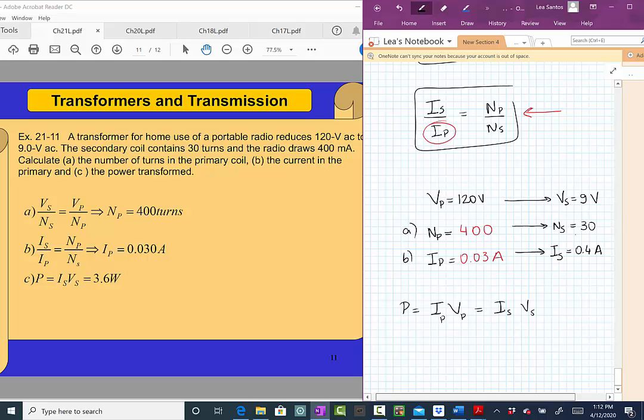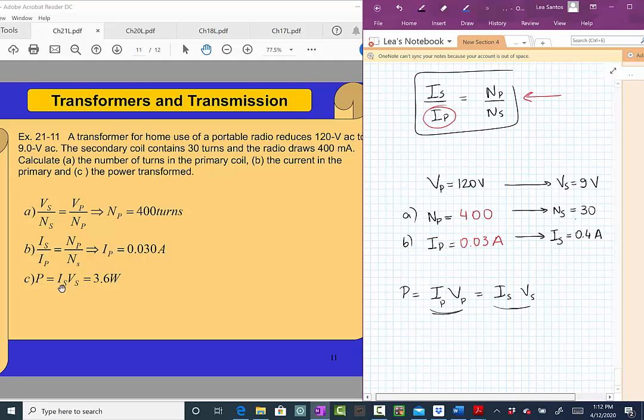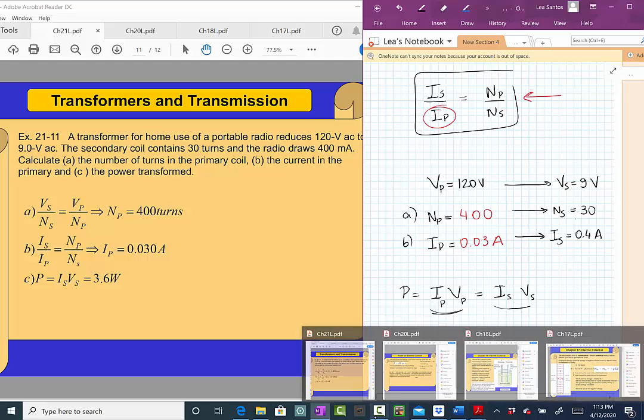We are just changing the voltage and the current. So this product is constant. We are changing each one of the terms, but the product is constant. So you use any of the two, for example, Is multiplied by Vs, and you get here 3.6 watts. The unit for power, remember, is watts in the international system.